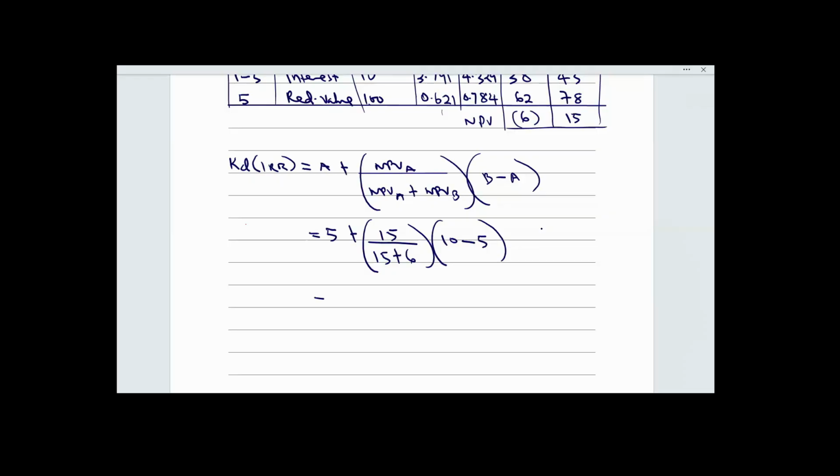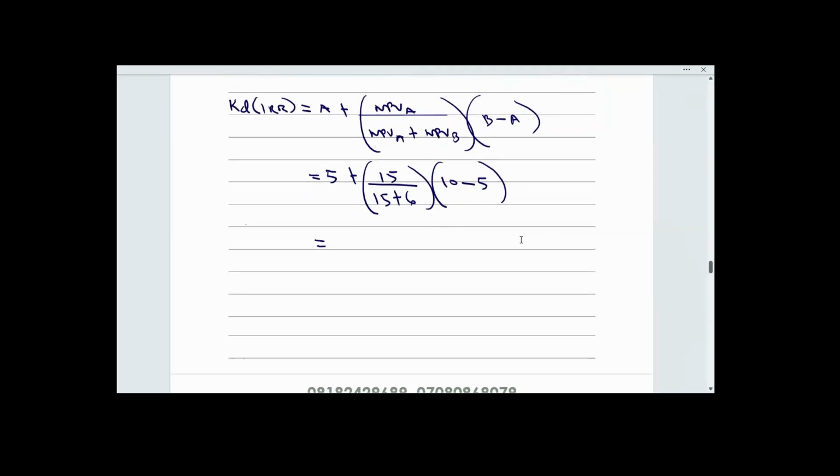Final answer, what do you have? So 15 divided by 21, multiplied by the difference between 10 and 5, then plus 5, equals 8.57.